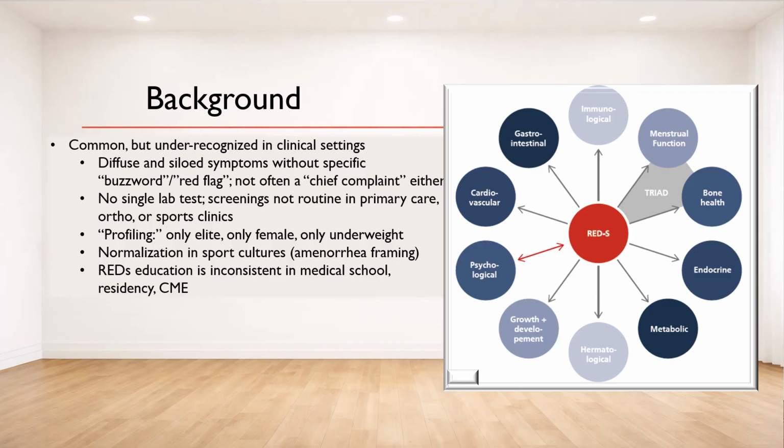And then once providers do start learning about the Triad and REDS for their clinical practice, it's often with this kind of poster patient in mind that we think about for the female athlete triad: a lean, female, elite athlete, especially runners, dancers, and gymnasts. These risk factors are definitely there, but often this phenomenon isn't really considered on the differential diagnosis if they don't fit into that poster patient presentation.